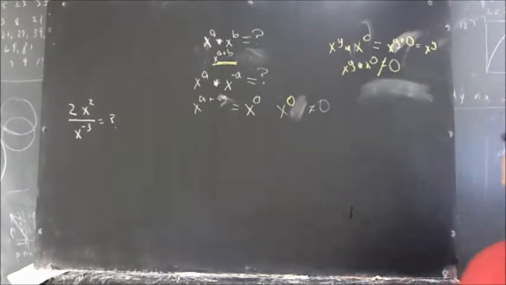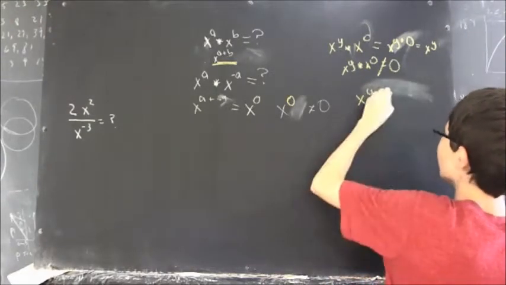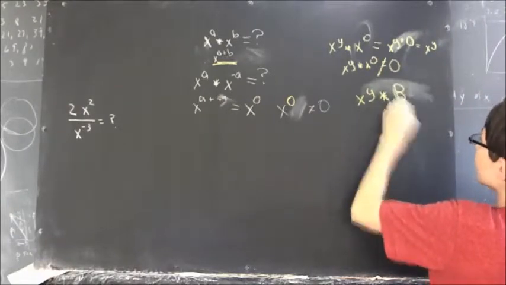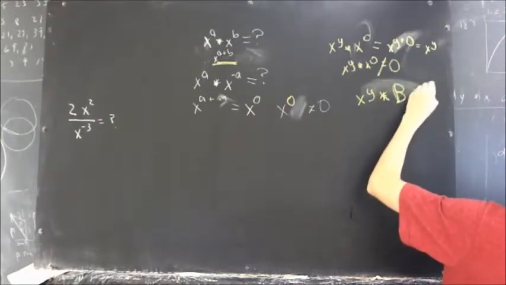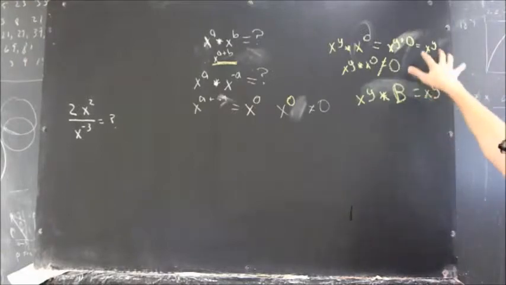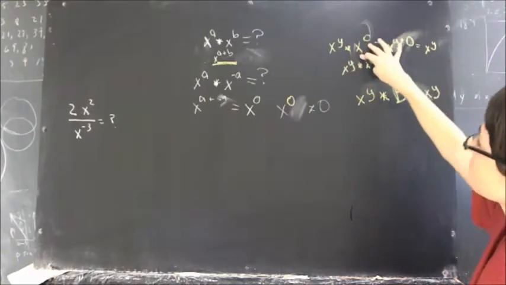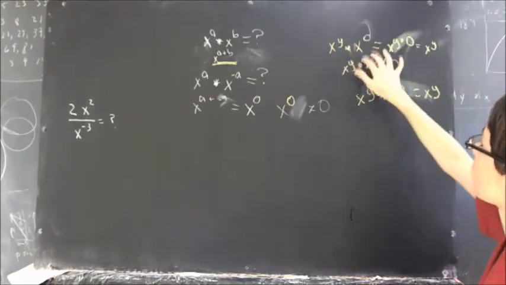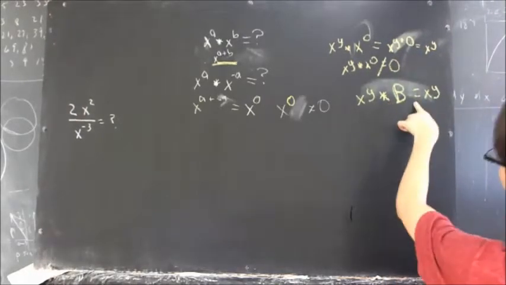And if you think about it, let's just put a different variable in for a second. x to the y times, let's say, an uppercase B, just because I want to use an uppercase B, equals x to the y. Because if you look at it right here, we're multiplying by x to the 0, and we're getting the same thing. So x to the y times x to the 0 still equals x to the y. And x to the y times b is equal to x to the y.